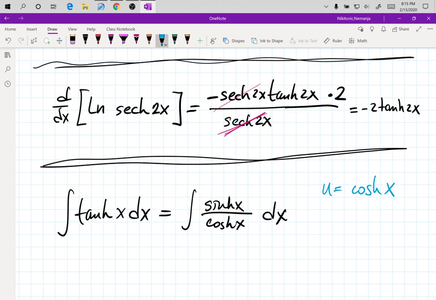So u equals cosine hyperbolic x, du is? Positive sign, yeah. So now derivatives and integrals of these do not have minus signs. Right? If this was trig, you would have to have a negative sign, you have to go through all of that. But over here is just flat out.